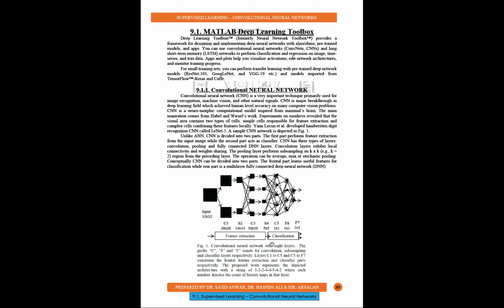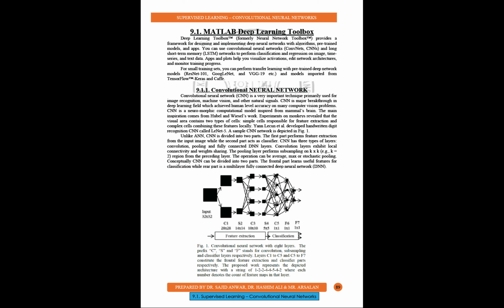So the first part here is feature extraction, the second part here is classification, and this is a network that has 8 layers. You can name each layer by its prefix. For example, C represents convolution, S represents subsampling, and finally F represents the classifier layer.